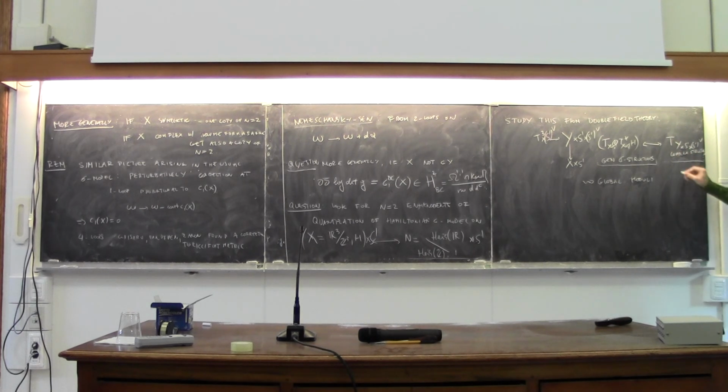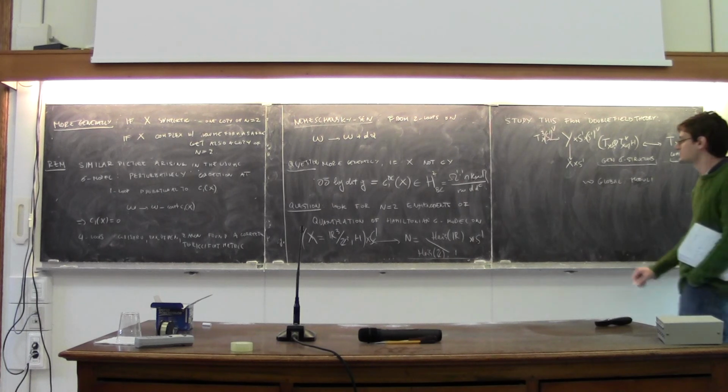So global properties of the moduli space of complex structures on a manifold are better understood. There's work on it, and so this can give something interesting for the study of global moduli of generalized complex structures on these objects.